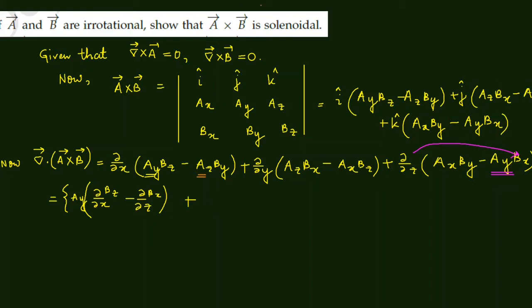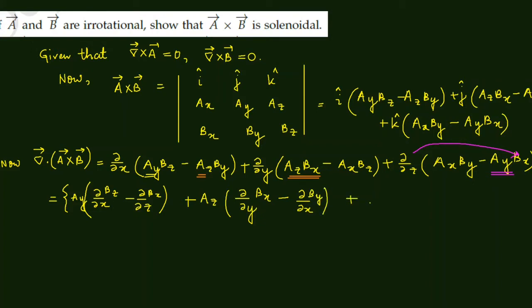And then I keep Az constant here, and then it will be del x of By, and that will be a negative term. And the next term, that is the del y of Bx, that will be a positive term. So we write first del y of Bx, then minus del x of By.